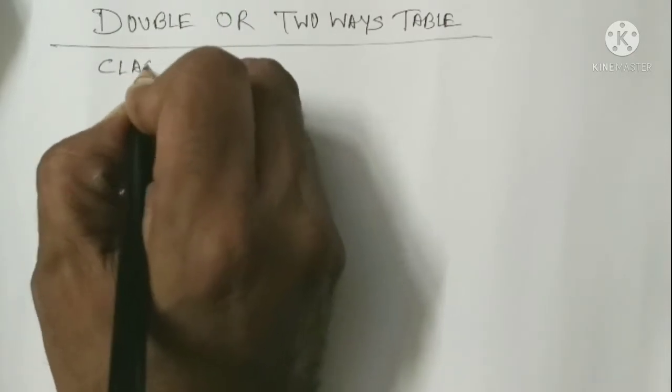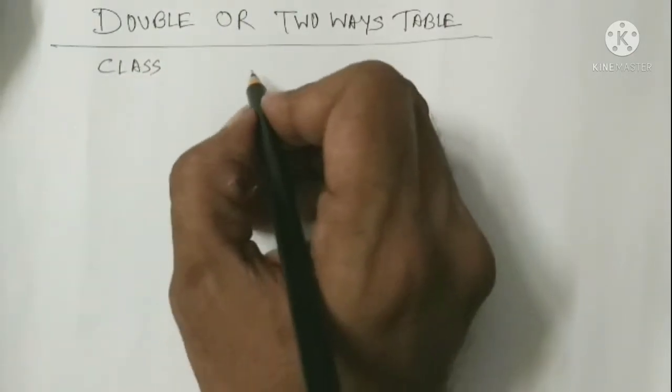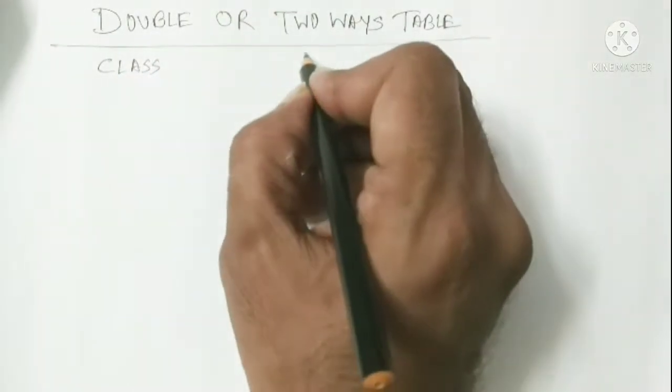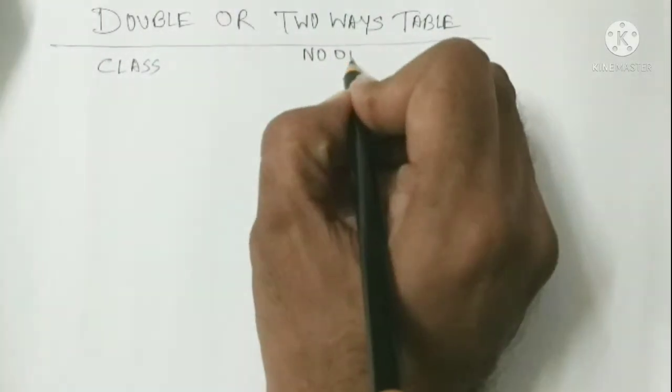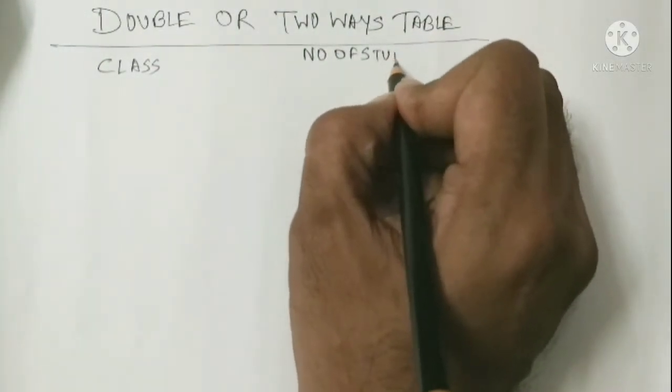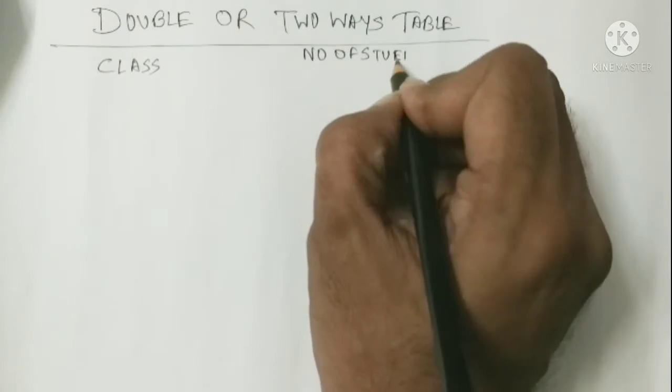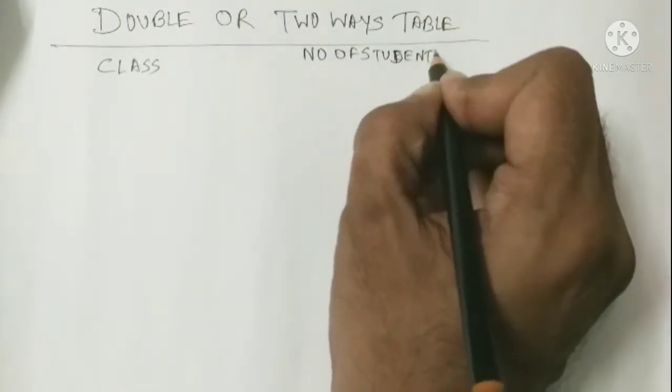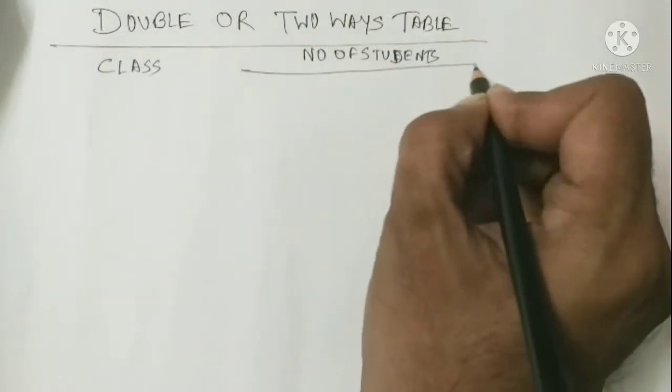That is, again we set class. Now number of students, this heading can be decomposed into 2 parts.